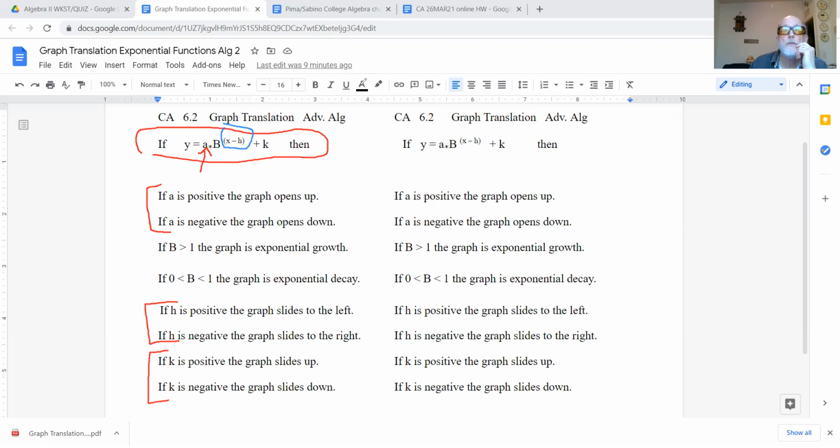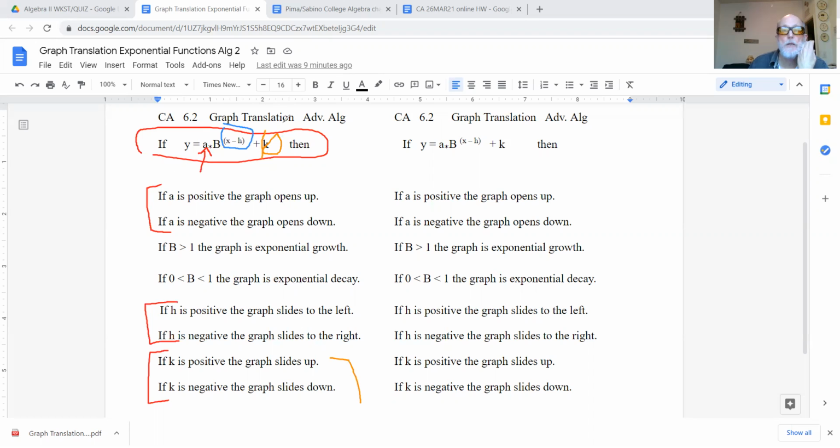When you add something at the end, that makes it go up or down, right? So this little sheet is going to be given to you in Teams, and then also the homework.